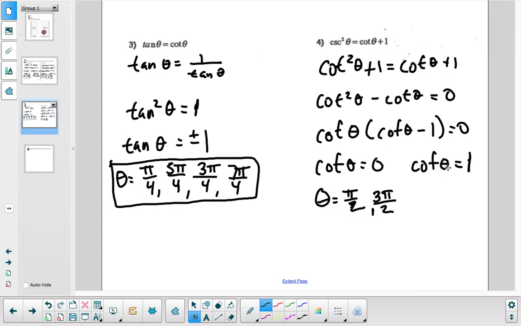And then cotangent is 1, where tangent is 1. That's pi over 4 and 5 pi over 4. If I was to put them in order, this would be first, second, third, fourth.